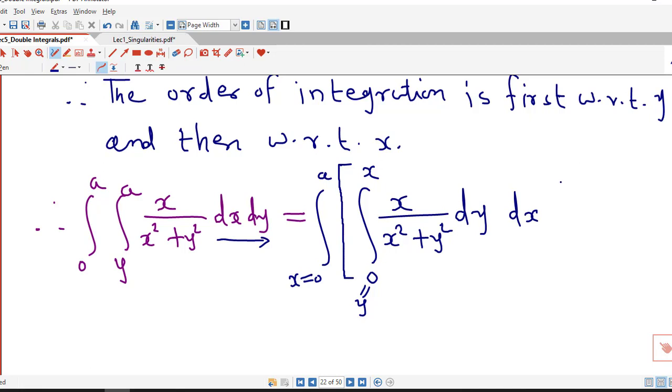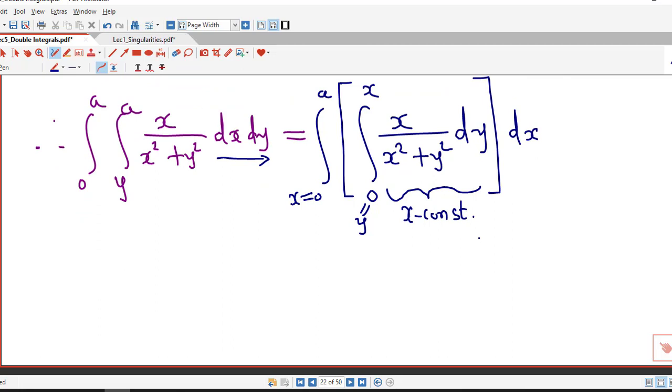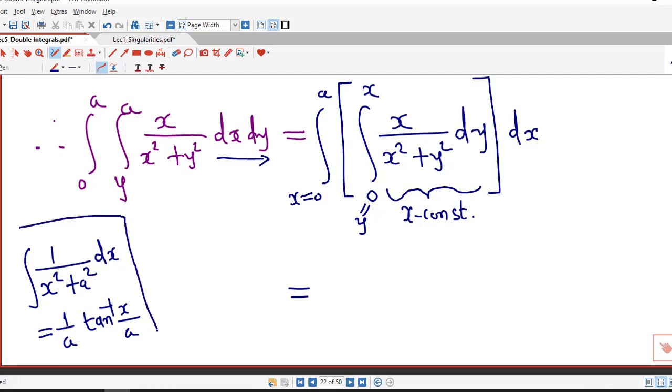Now for simplicity we make this bracket. So we have x constant here because we are integrating with respect to y, so we will consider x as constant, and the integral of 1 over x square plus y square. For that we can use this standard formula: the integral of 1 over x square plus a square dx is nothing but 1 by a times tan inverse x by a.